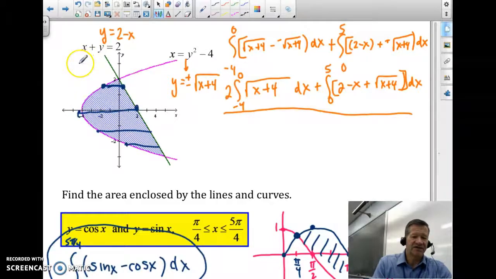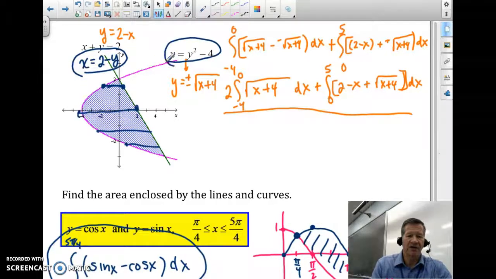So if I think of this equation instead of y equals 2 minus x as x equals 2 minus y, and leave this parabola as x equals y squared minus 4, I can integrate, instead of integrating with respect to x, I can now integrate with respect to y by solving these equations for x so that they're in terms of y.